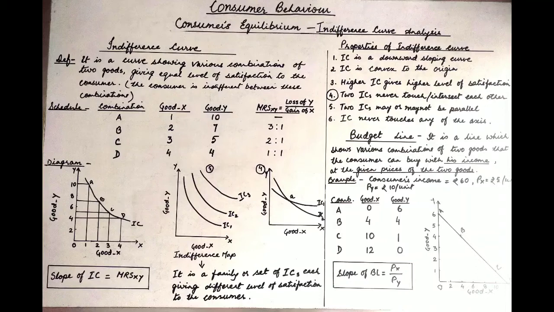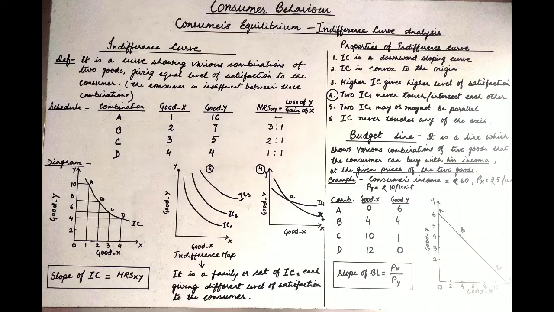MRS XY is marginal rate of substitution of X for Y. It is the amount of Y that the consumer is willing to give up to get one additional unit of X so that the same level of satisfaction can be maintained.